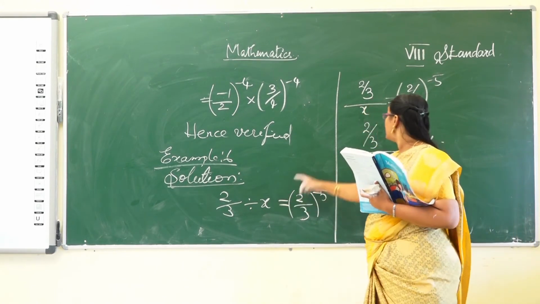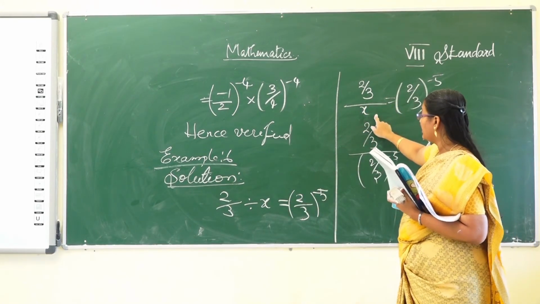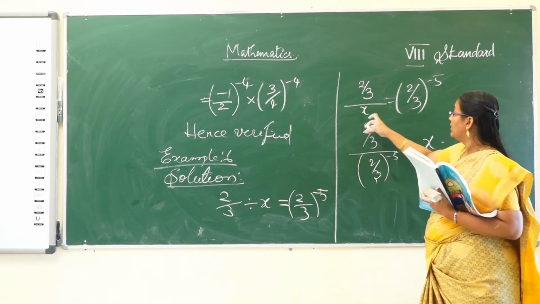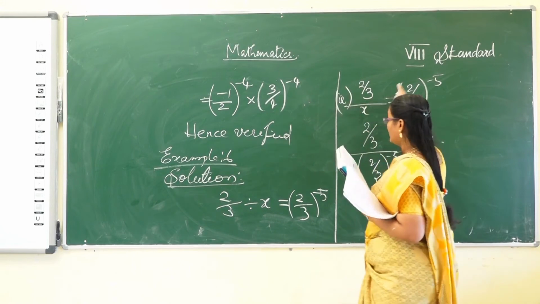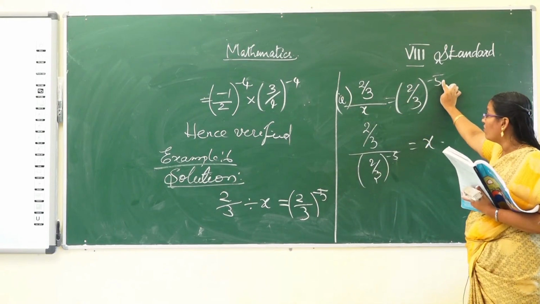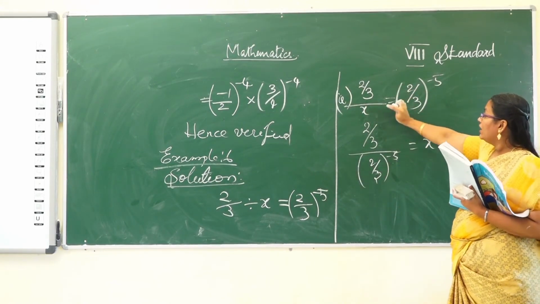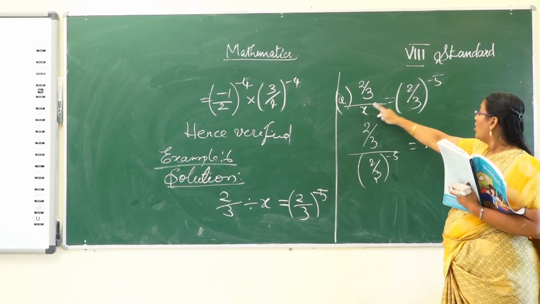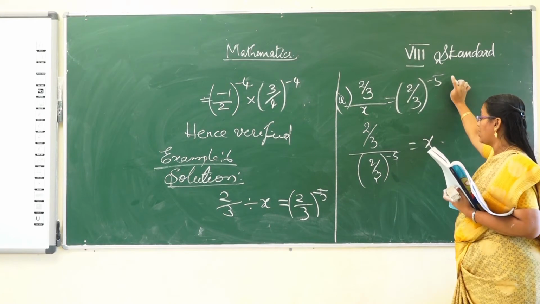So x can be written like this. Division moves to this side as multiplication.